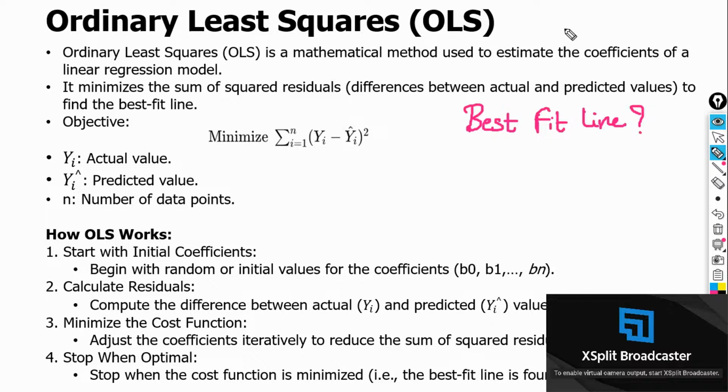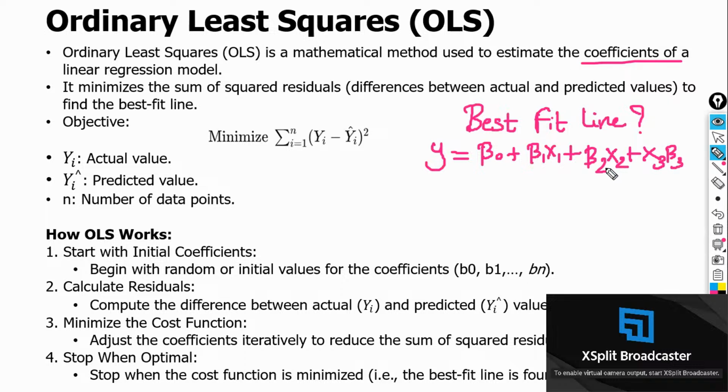Ordinary least squares is a mathematical method generally used to estimate the coefficients of our model. So when I say our model, I'll write it here: beta naught, beta 1 x1, beta 2 x2, or let me also take beta 3 x3, whatever might be the order.